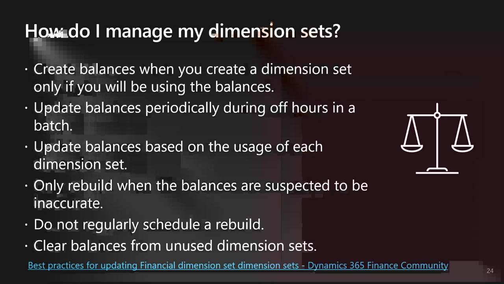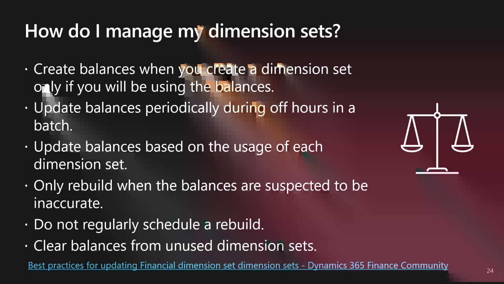The system will update the balances before they are used, such as when the user clicks Calculate on the trial balance list page. You may have seen the dialog that comes up for updating the balances, but our goal is to make that quick. If there have been a lot of postings to the general ledger since the last time the balances were updated, updating the balances could take some time.